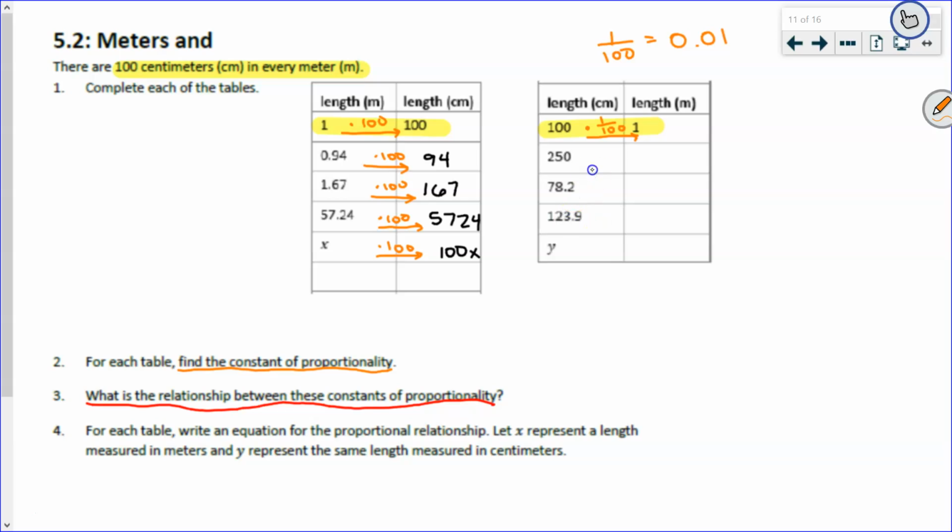And when I go across this table and I take that 250 and I multiply it by 1/100th, what do I get? Gavin R. 2.5. And when I take the 78.2 and I multiply it by 1/100th, what do I get? Danny.